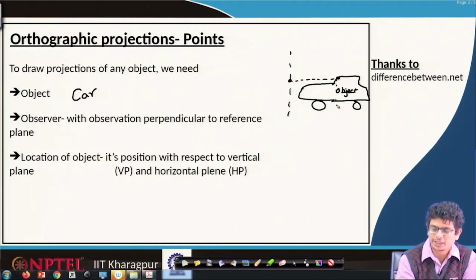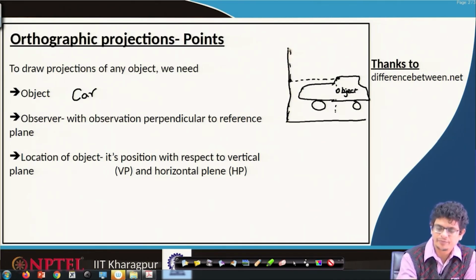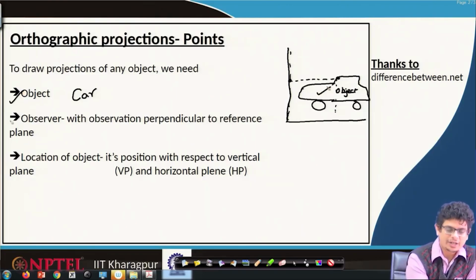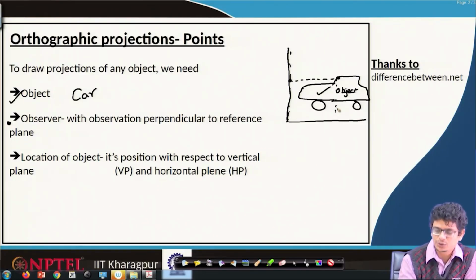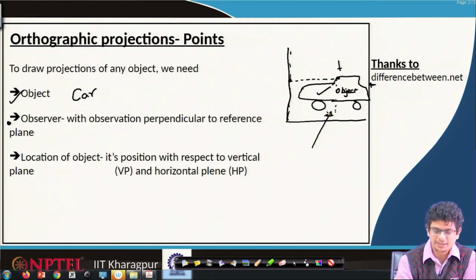Similarly, we might be projecting the top one onto that bottom plane. So, the first one is the object, the second one is the observer, we are the ones who are looking at it either from top view, side view or front view in that direction.